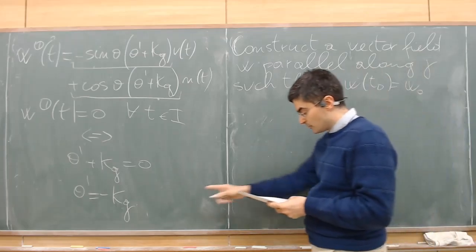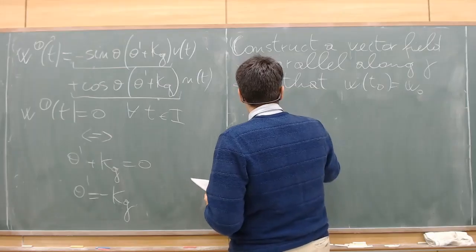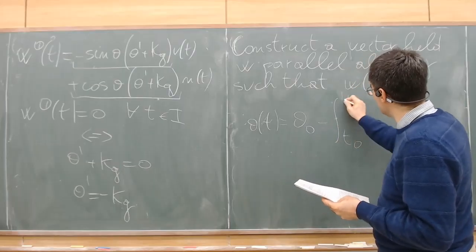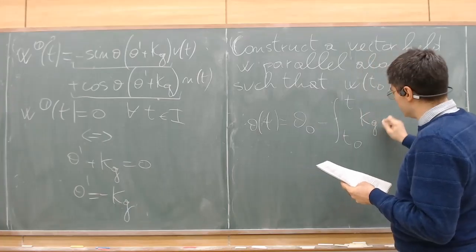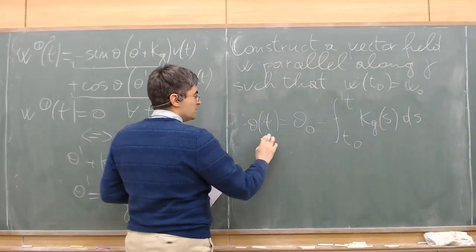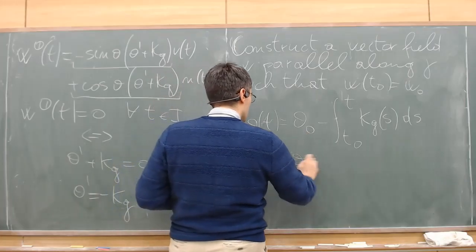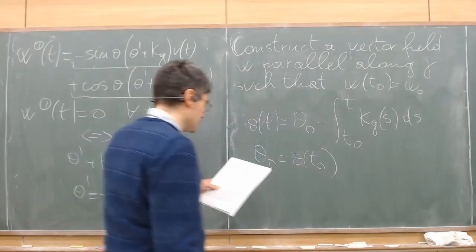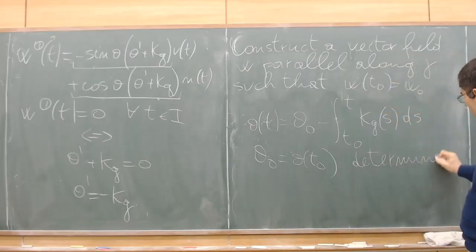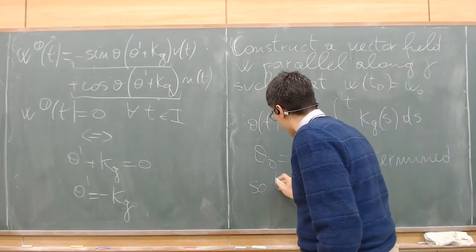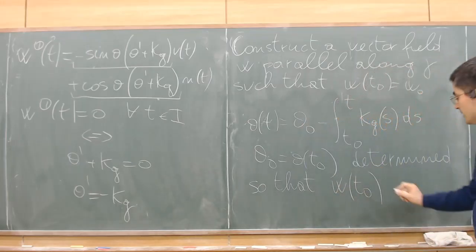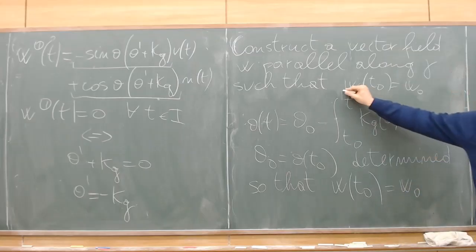The solution of this equation is theta of t equal a certain constant minus the integral from t0 to t of kg of s ds, where this constant here is determined so that W at t0 is W0 as written here.